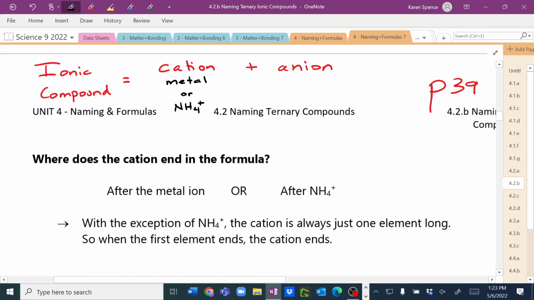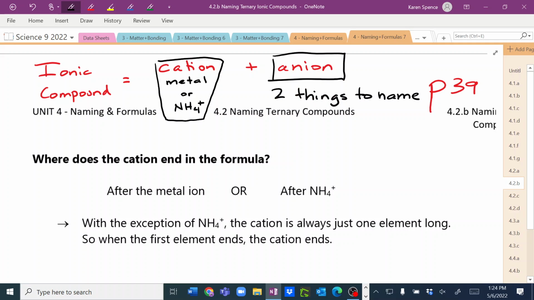Two things to name. So the only real difficulty here is just figuring out where the cation finishes and knowing that everything after the cation is the anion.